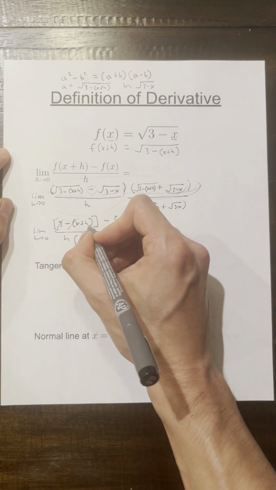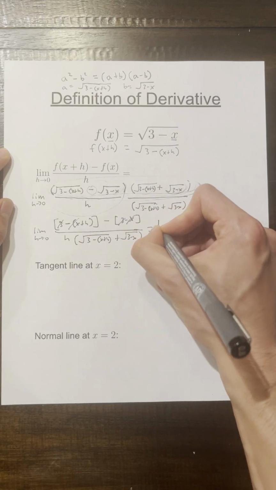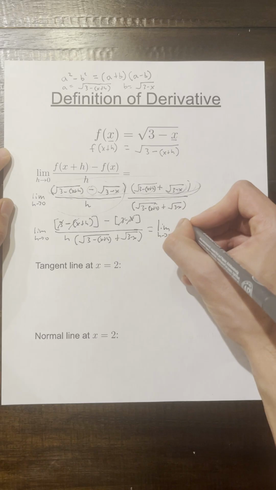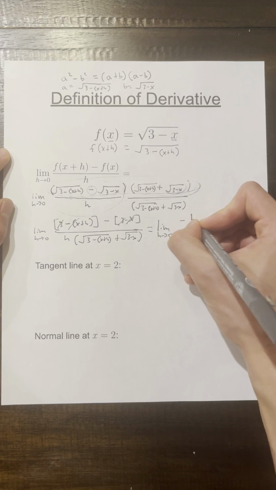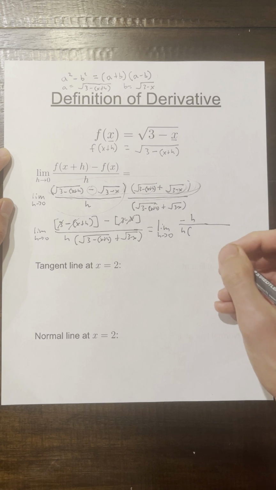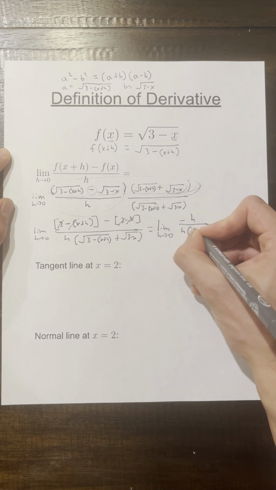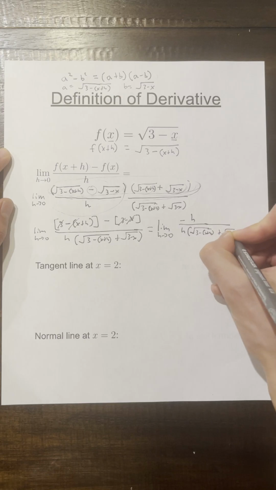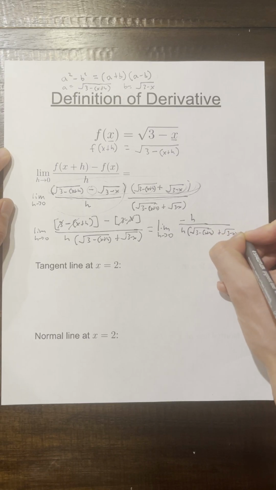And then we're just left with minus h. Okay, so minus h over h times square root of 3 minus x plus h plus square root of 3 minus x.